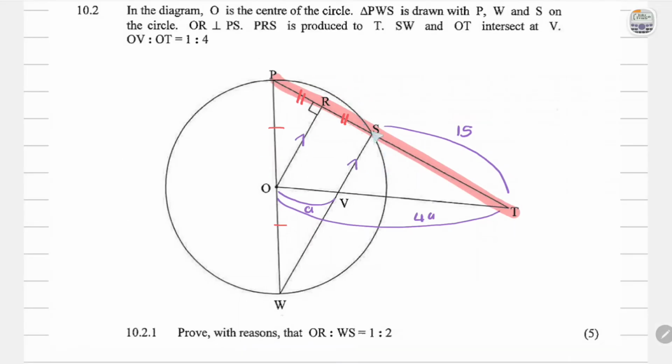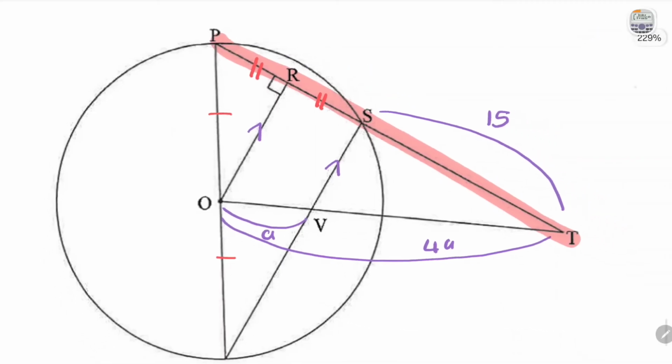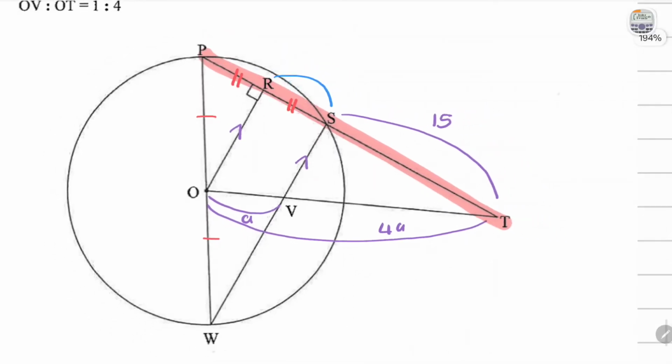To find the entire length of PT, because we already know what ST is, we just need this part. PS is made up of PR and RS, which are exactly the same length. So we can just focus on finding RS. If we find RS, we have found PR and therefore PT.